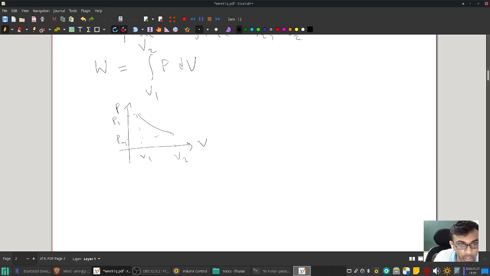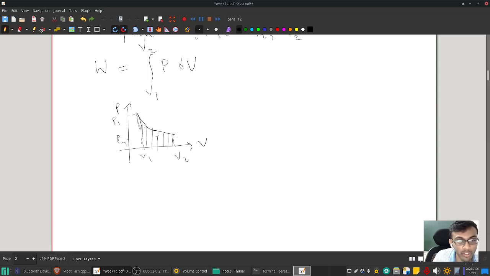So the area under the curve for this process will be this. Yeah, this is the first figure.